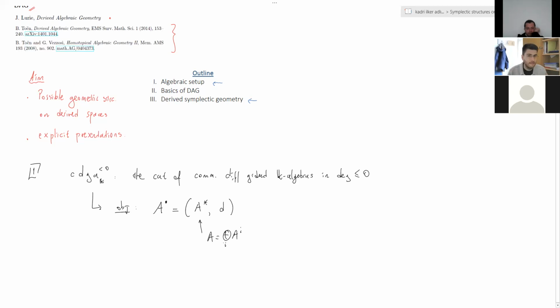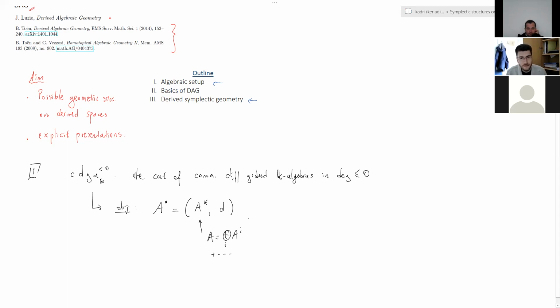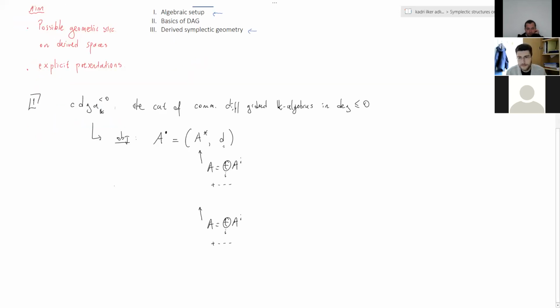Of course, there are multiplication, associativity, and graded commutativity relations, and some nice properties. We have this differential D, which satisfies the Leibniz rule. It commutes with the structure, and everything goes smoothly. So it's an object like this.